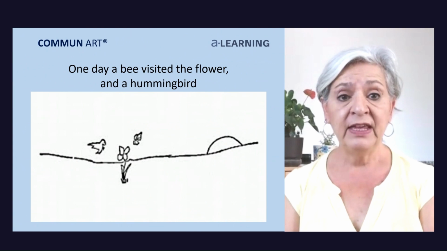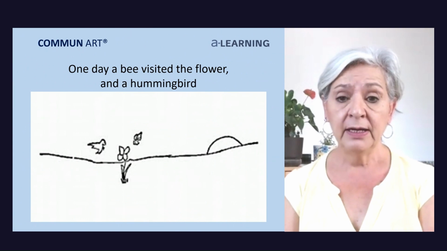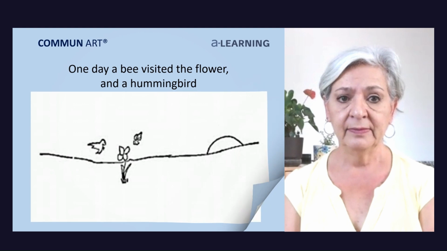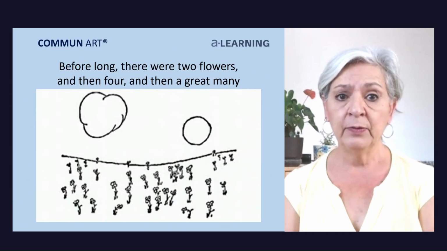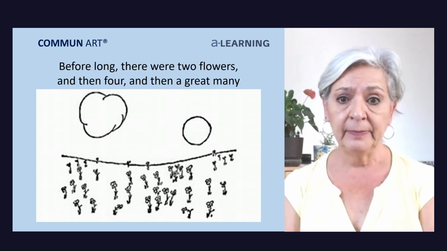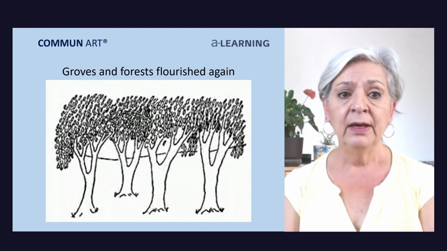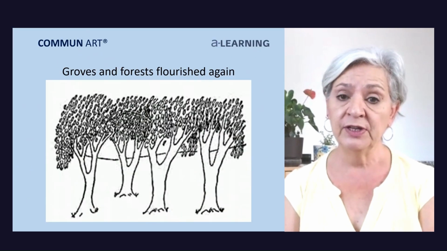One day, a bee visited the flower, and a hummingbird. Before long, there were 2 flowers, and then 4, and then a great many. Groves and forests flourished again.